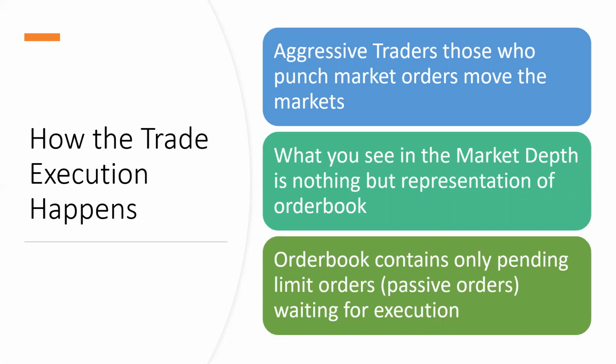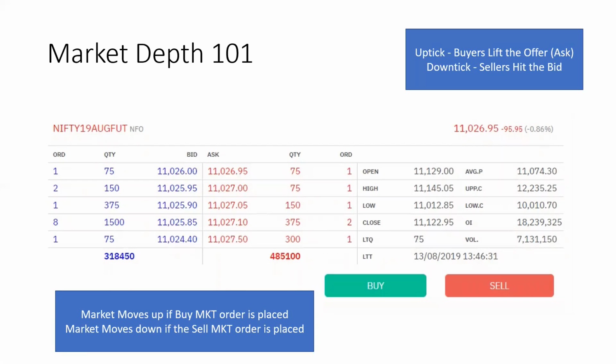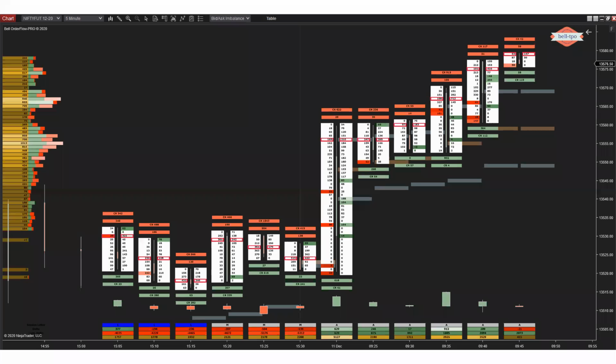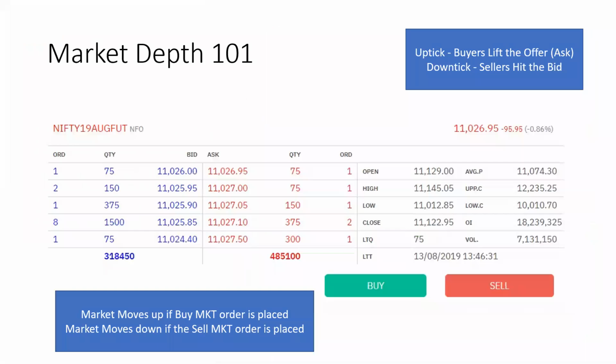What you are seeing in the market depth is nothing but the representation of the order book. Let me tell you one thing: whatever you are seeing on the order flow charts are nothing but the executed market orders, and whatever you are seeing in the order book is nothing but the pending limit orders.